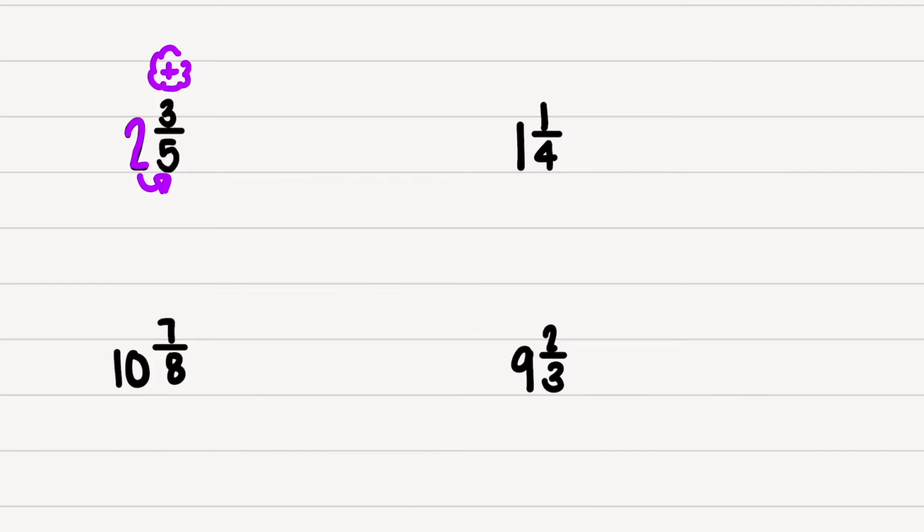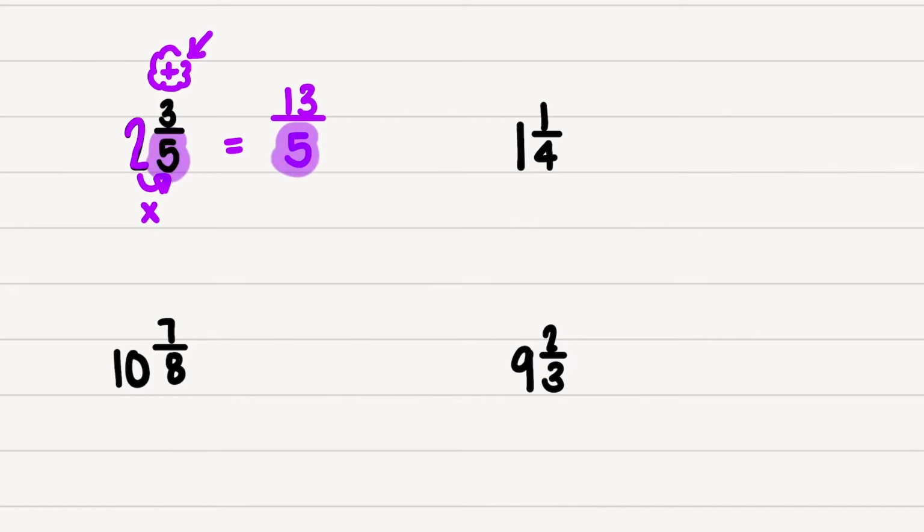So we are going to say 2 times 5. What's 2 times 5? 10. Then we are going to add our numerator. 10 and 3 is 13. And we're going to keep that over the original denominator of the fraction, which in this case is the 5.